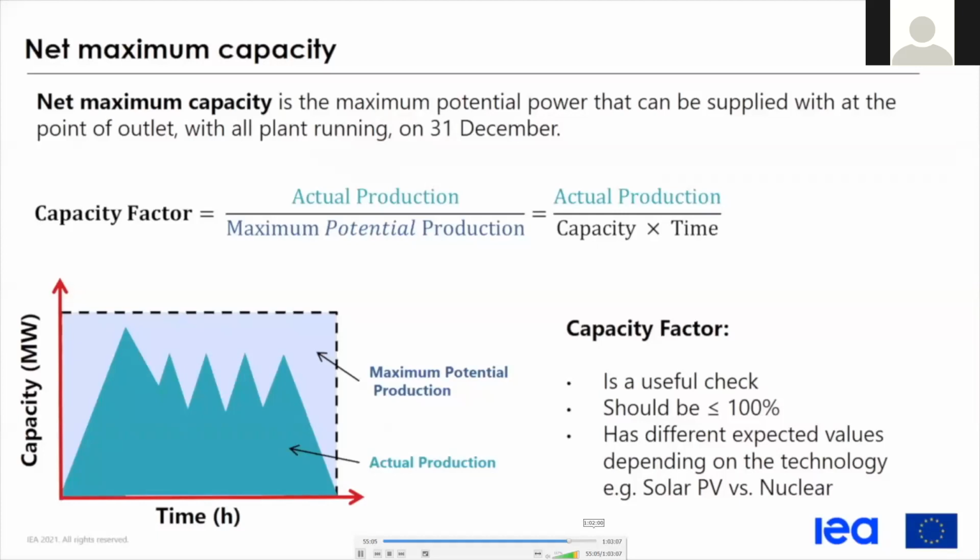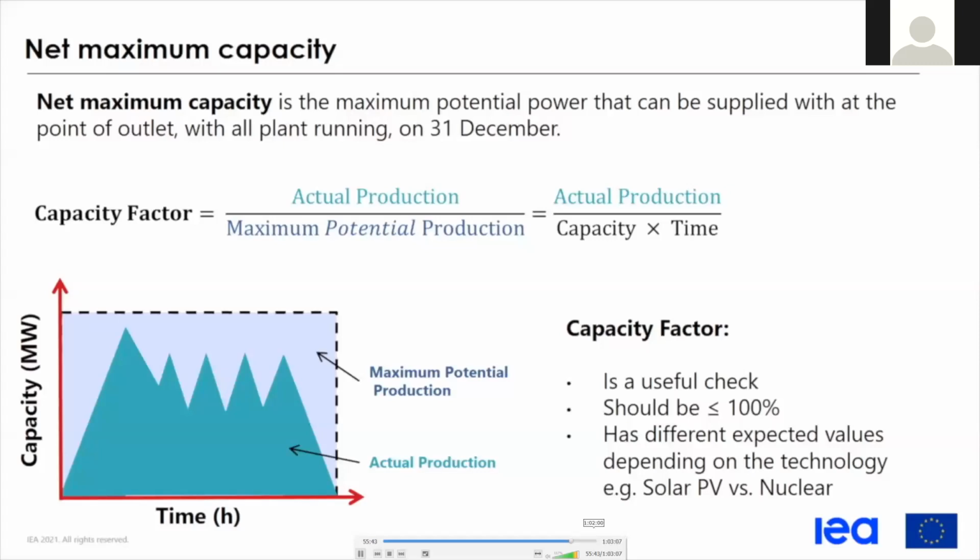Net maximum capacity is simply the maximum power output that a power plant can produce with all plants running at full blast, and we consider for methodological reasons that we capture this on the 31st of December of the reporting year. These are useful data for analysts to have. However, they can also be useful for statisticians when checking the data, as we can compare actual reported production values with the maximum potential production values to check if the data make sense.